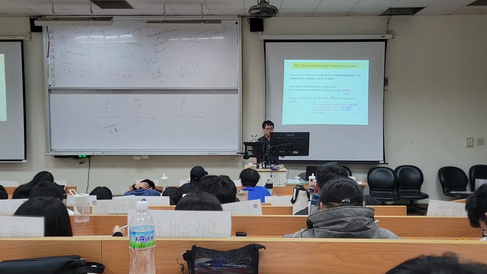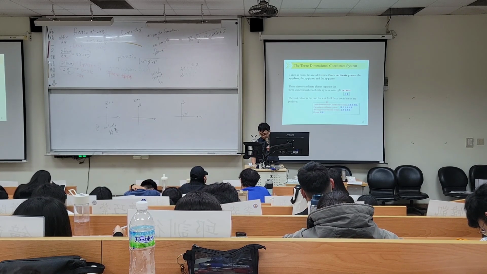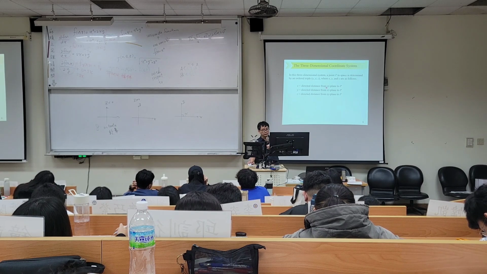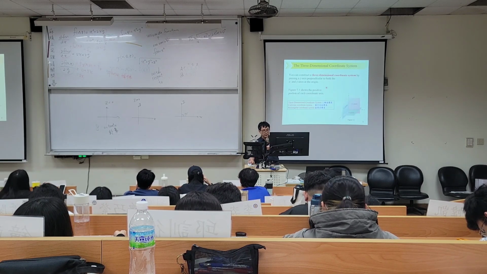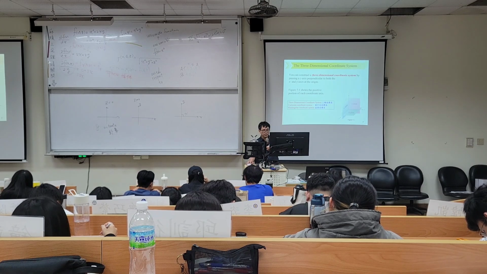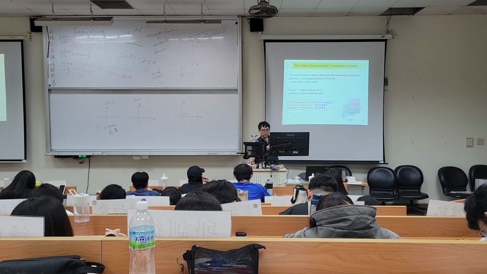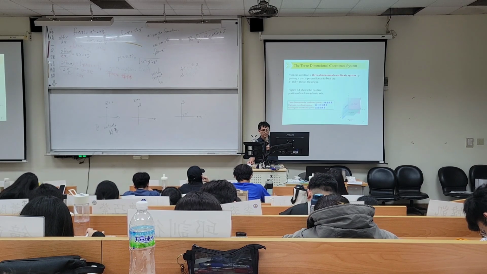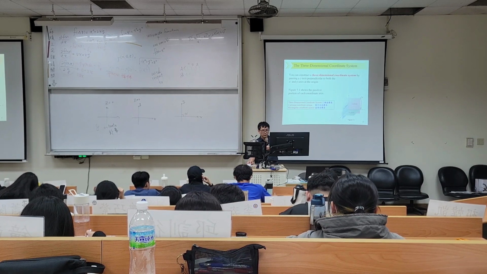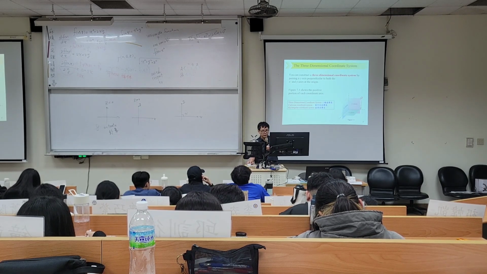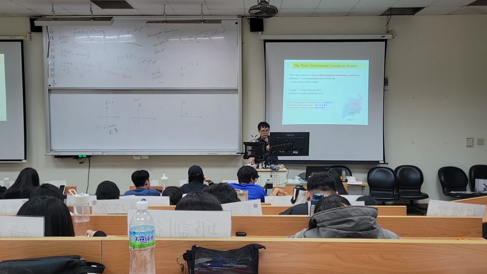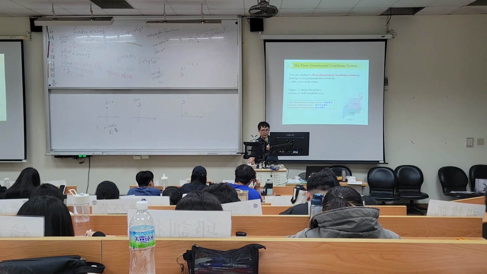Here I just show you the coordinates of a point. x is the distance from the yz plane to P. Suppose P is here, then this distance would be z, the direct distance from the point P to the xy plane.